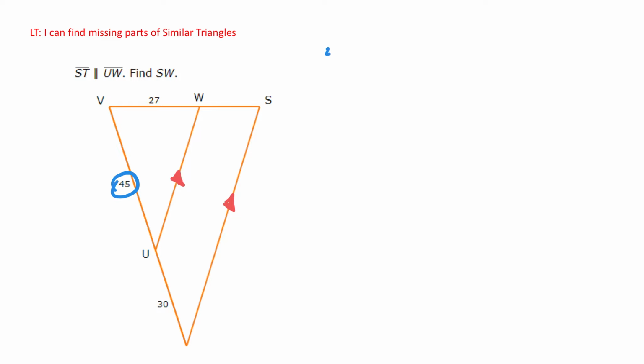So we can do this a couple of ways. We could say 45 is to 30 as 27 is to the unknown amount SW that we're searching for.